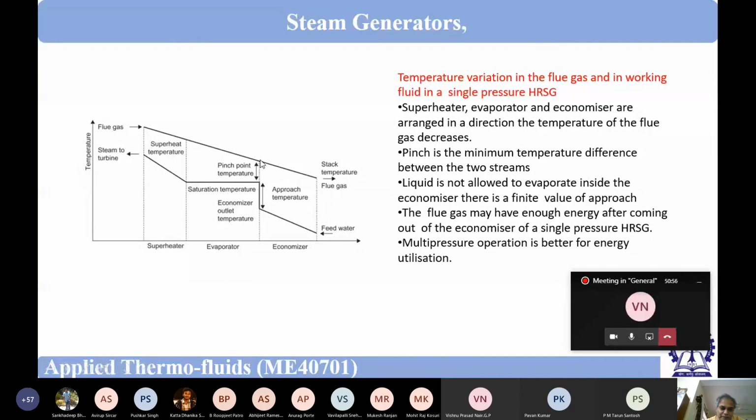This lowest temperature difference is called the pinch point temperature. Very important, pinch point temperature.